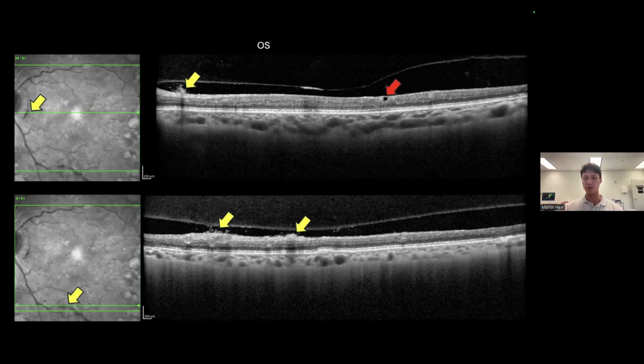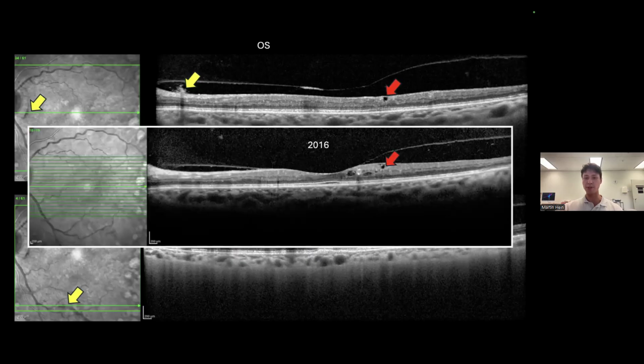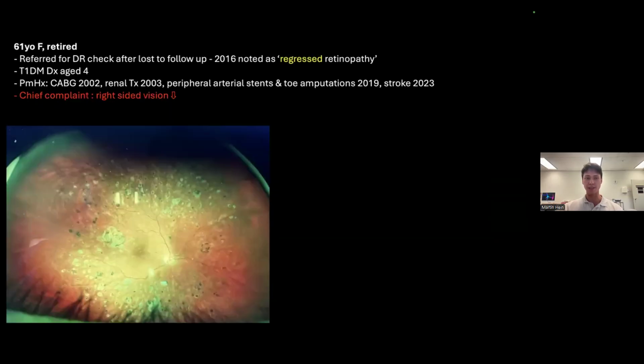That's a small cyst there, which has been persistent since 2016. The rest of the edema is pretty much resolved, which is good. When we look at the right eye, she went from 6/9 to 6/15 over the course of 7 years, so not too bad. Her pressures are good as well.